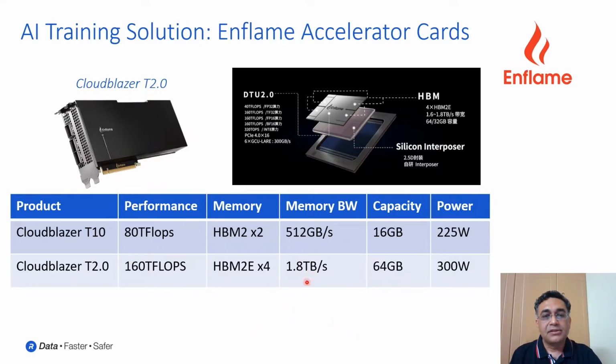In the second generation solution, 4 devices of HBM2E type were used, and it provided a system memory bandwidth of 1.8 terabyte per second. On the silicon interposer, 4 HBM2 DRAMs were mounted, and the ASIC was mounted. This was all packaged inside one small footprint package.